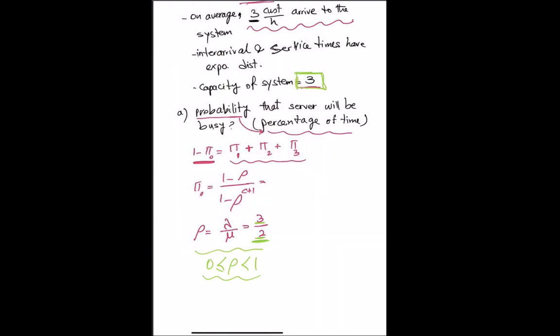Then pi 0 is going to be (1 minus 3 over 2) over (1 minus 3 over 2 to the power of 3 plus 1). That's going to be 16 over 130.